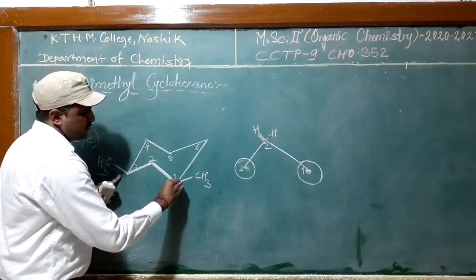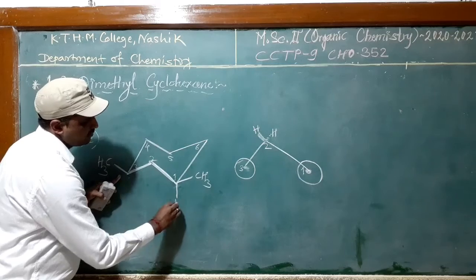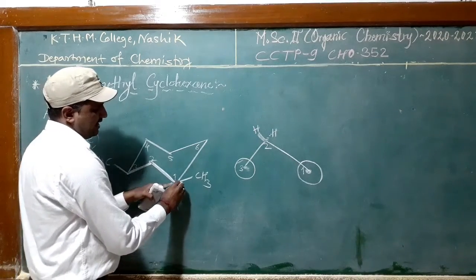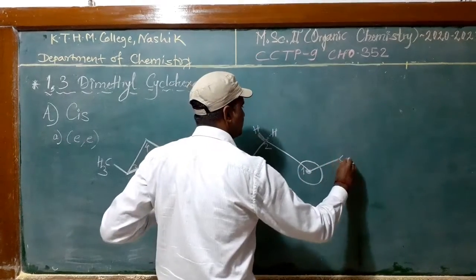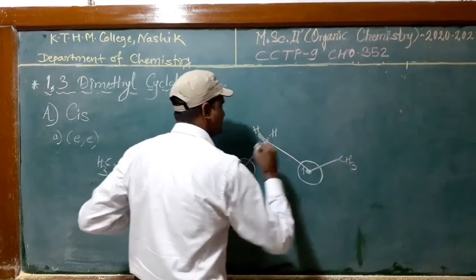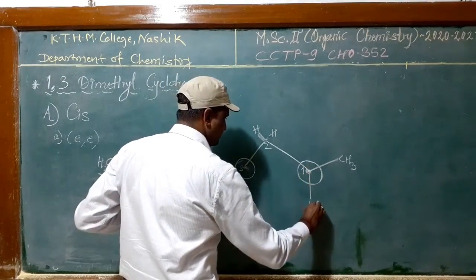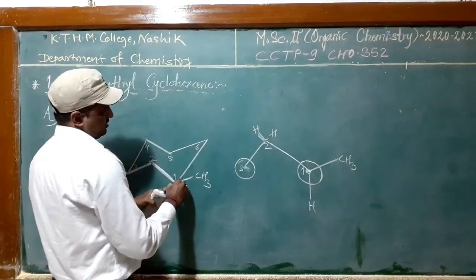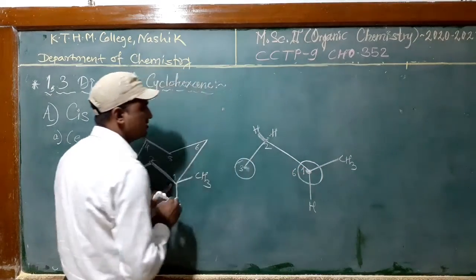The substitution, first see this carbon number 1. This carbon number 1 has an equatorial position CH3, upward direction, right hand side CH3. Downwardly it has hydrogen. Its backside carbon is carbon number 6.